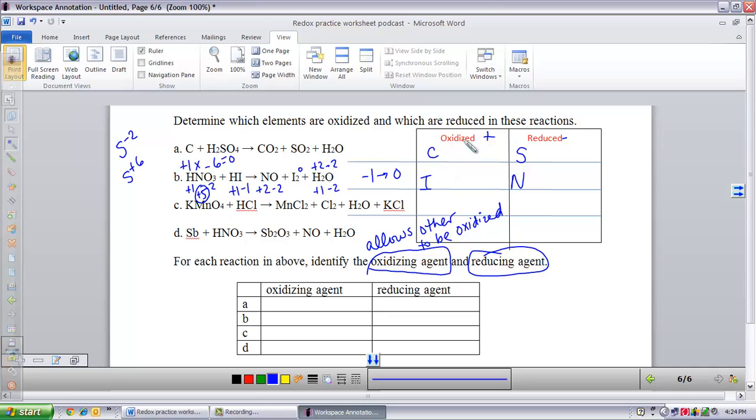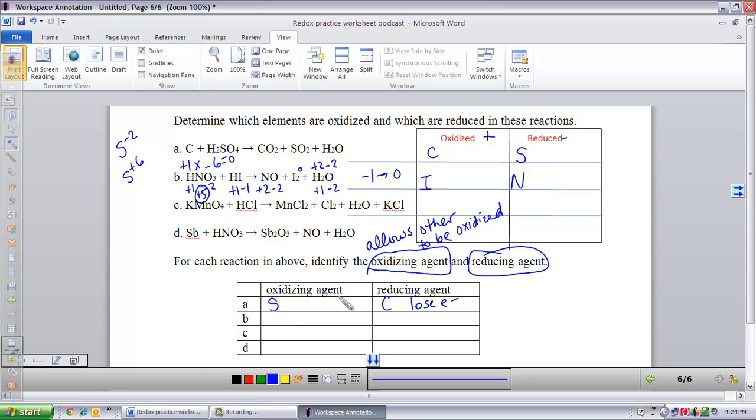So if you look at this first equation, carbon is being oxidized, but he's actually the reducing agent. And the reason is because he's losing electrons, and so he's an agent for sulfur to become reduced. I know it's a little bit backwards.